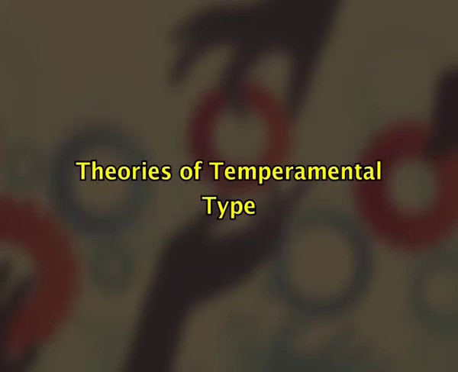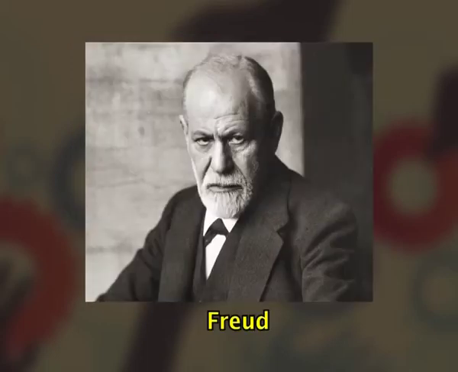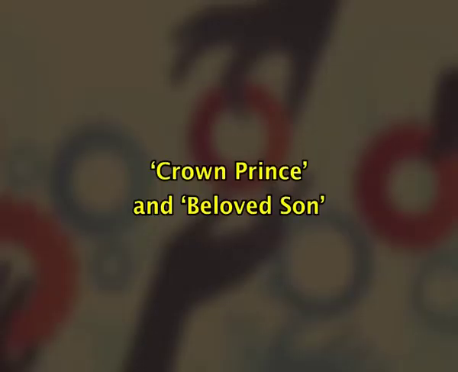Theories of temperamental type. Jung's classification belonged to this type theory of personality. Carl Jung, a physician by profession and a Swiss psychiatrist, came in contact with Freud and became his staunch supporter and follower, to the extent that Freud declared him crown prince and beloved son.